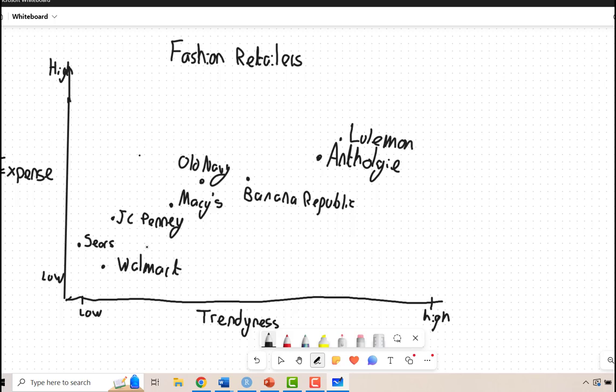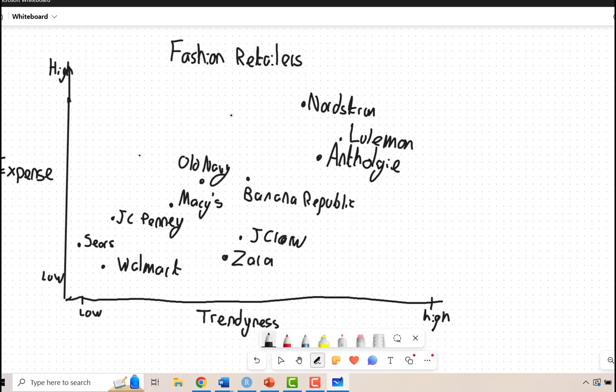And let's just do a bit of fast fashion. So probably low expense, but a little bit more trendy down here. We'll have Zara and maybe J. Crew. And then more expensive, we'd have Nordstrom, maybe not quite as trendy as Lululemon or Anthology.